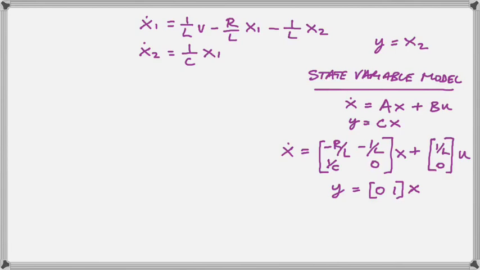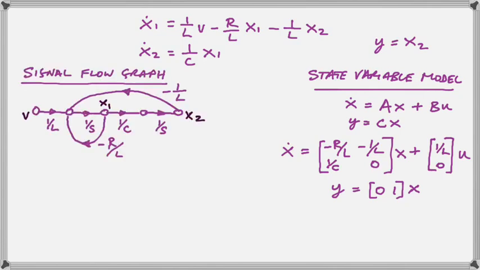Now, as you can see, we are populating the matrix, and it comes directly from the equations above. But first we're going to explain the signal flow graph and how we get that signal flow graph from the two equations above.